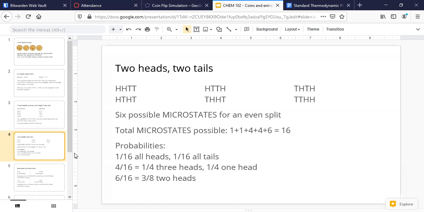Again, real molecular systems, when we study them theoretically, have a number of possible microstates that gets into googol territory. Anybody familiar with the number, the googol? The googol is 10 raised to the 100th power.